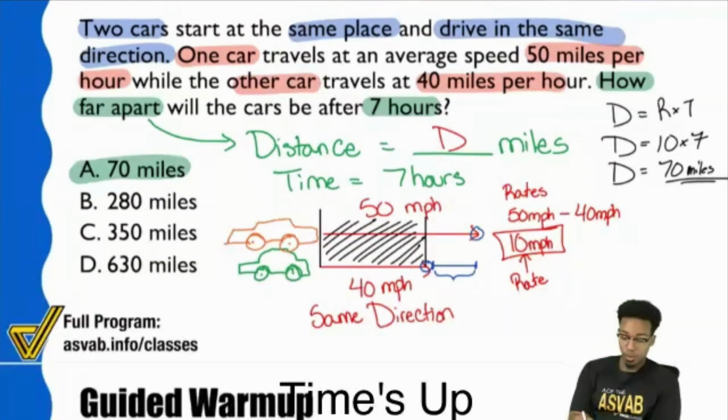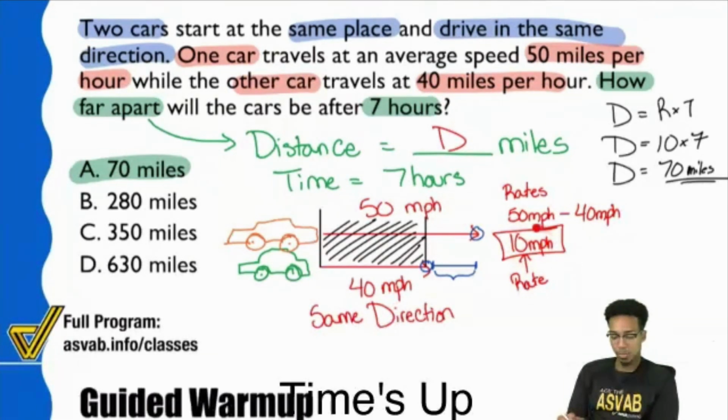So one more time, just to recap, pay attention. The problem asks us to find how far apart. That's distance, so we're looking for distance. They give us 7 hours. That's time. We have two rates, 50 miles an hour and 40 miles an hour. What do we do with them? This is your key: two cars, same place, same direction. Same direction means subtract.